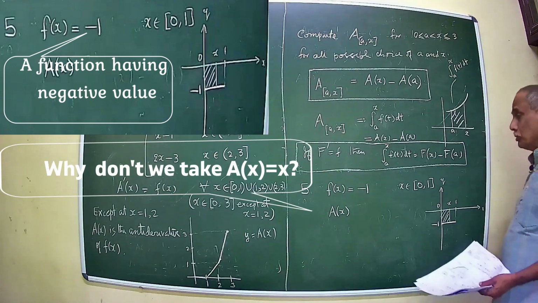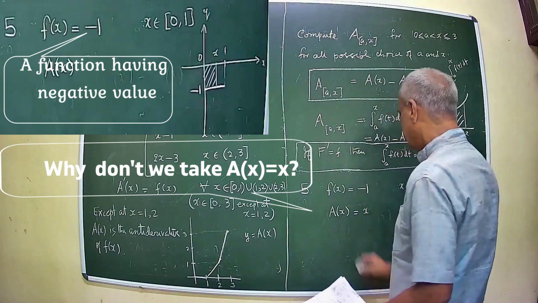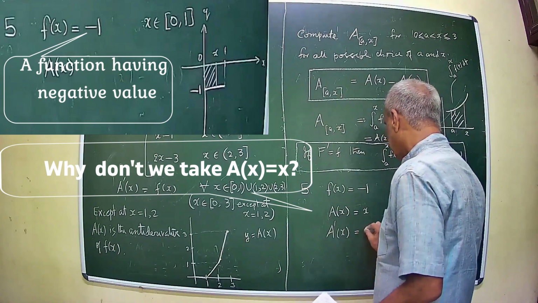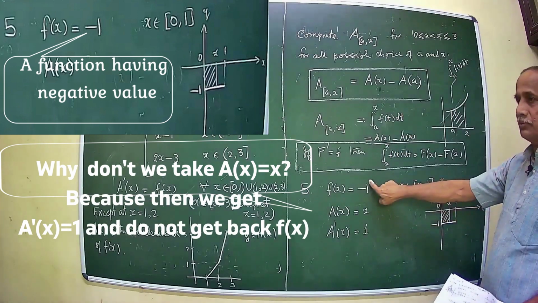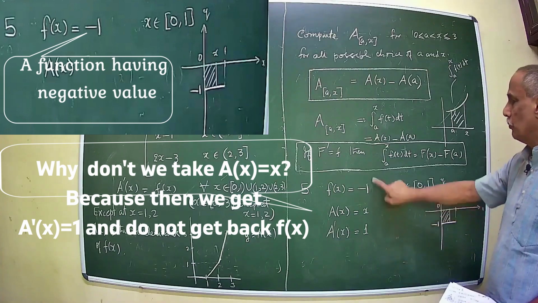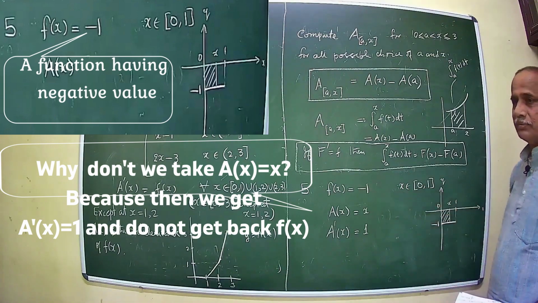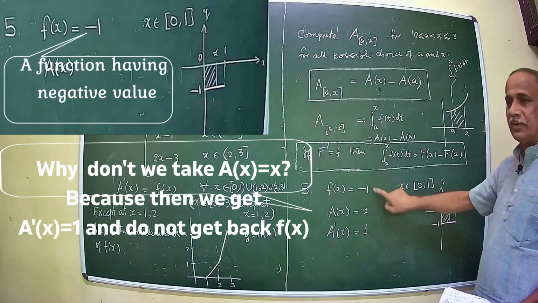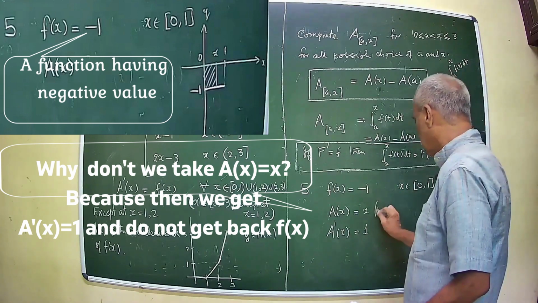But let us take the scenario that this is equal to x. In that case, what is the derivative of A(x)? The derivative of x in that case is 1. You don't get back to your f. So it is inconsistent with the antiderivative concept.